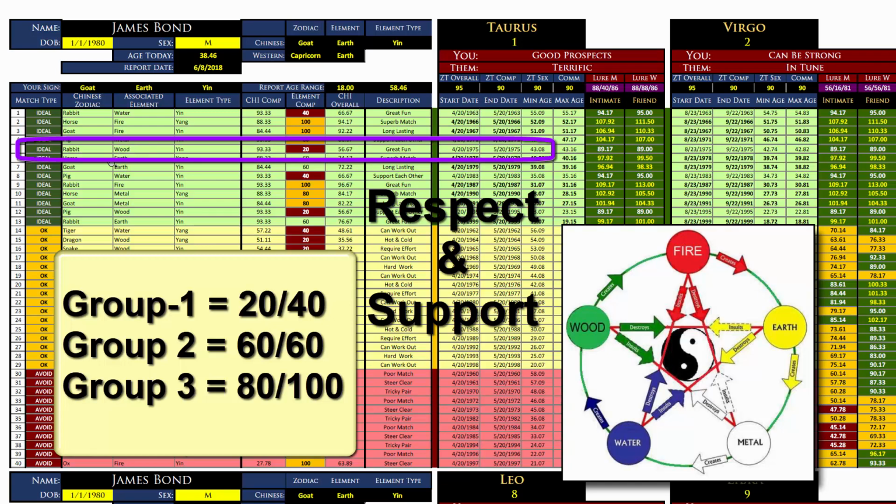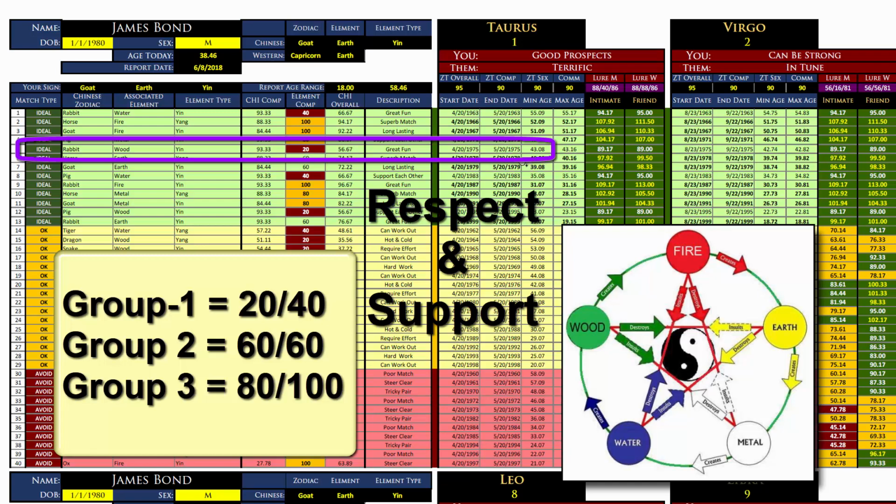The wood element of this rabbit candidate is somehow clashing in the area of support and respect, and that lack is making James Bond feel like that area is covered by a 20%.